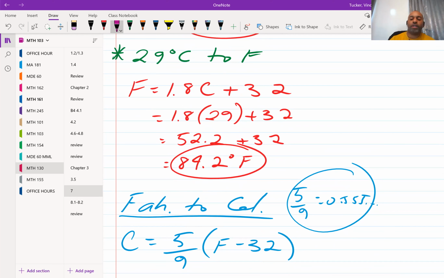So you see the inversion of the formula that we had originally. Celsius is equal to 5/9 times (F - 32). Also take note of the parentheses. That means I need to do what's in the parentheses first, then multiply by 5/9. So be careful with that.